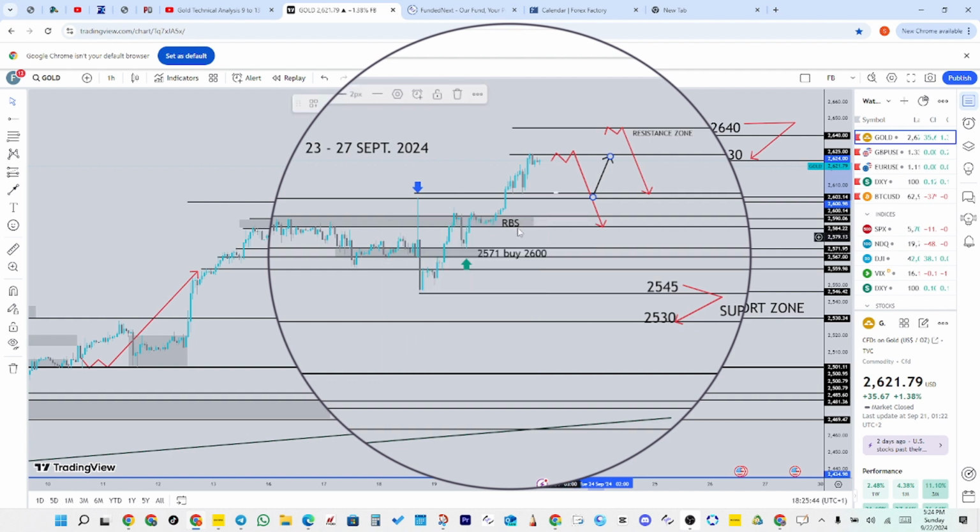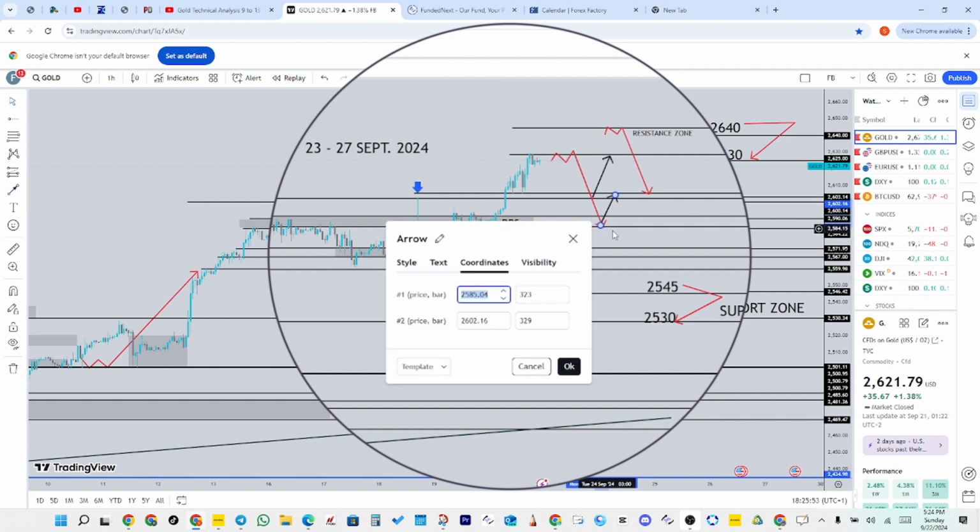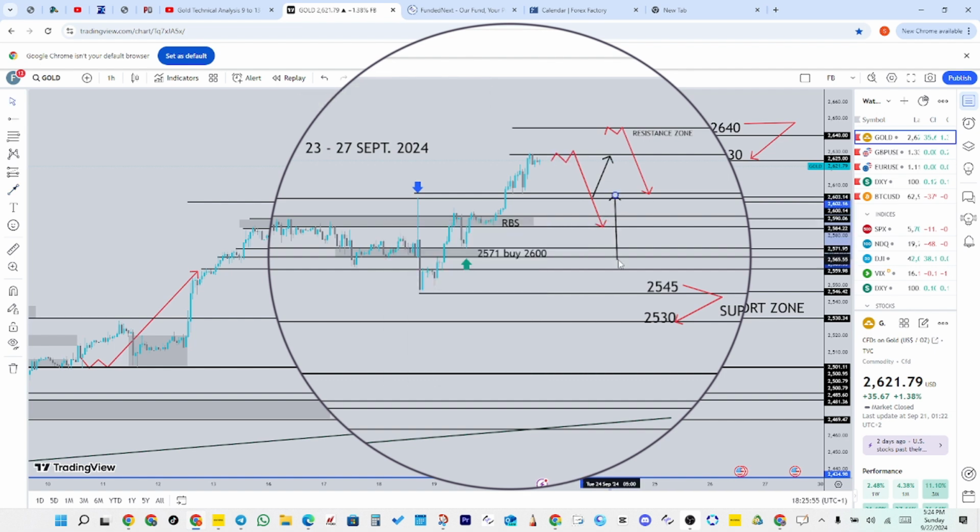So let's take note of that. These are the areas that the market is likely to reverse, which I'm trying to indicate for you guys to appreciate. So if it is here, then we are going to have all these touches.